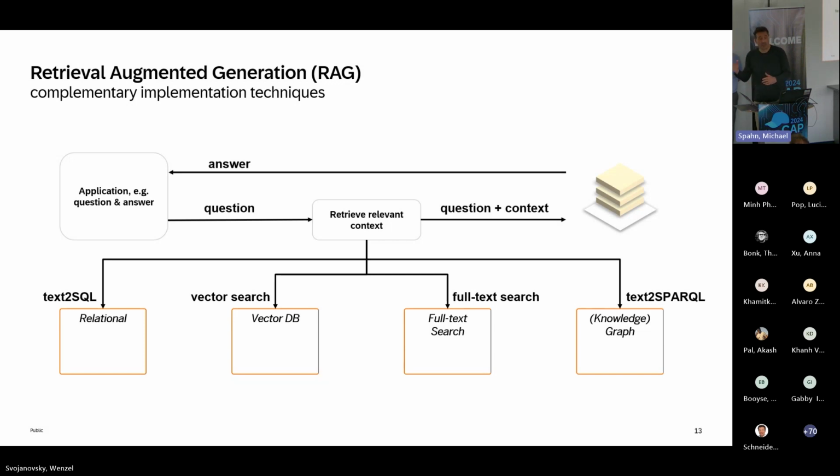The nice thing about this, all of these capabilities are supported in SAP HANA Cloud, so depending on your data and your retrieval techniques that are already available, can be leveraged in such an architecture. However, I have to say, knowledge graphs is currently in the making. So if you watch Sapphire currently going on, you will see some announcements for support for knowledge graphs in SAP HANA Cloud coming up.